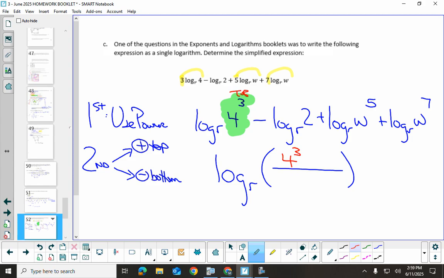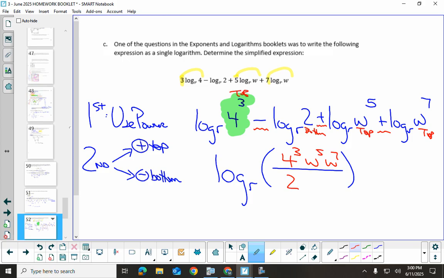Now the next one has a minus in front, so this is going to go on the bottom. This one has a plus in front, so the W5 goes on top. This one has a plus in front, so the W7 goes on top.